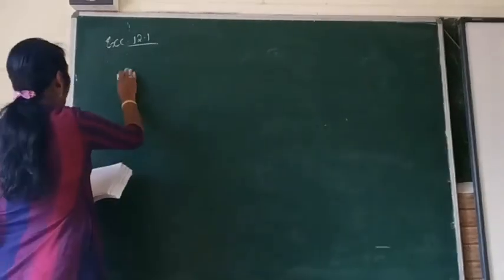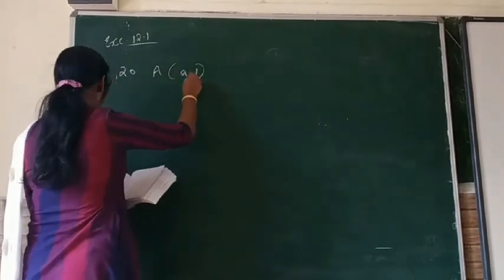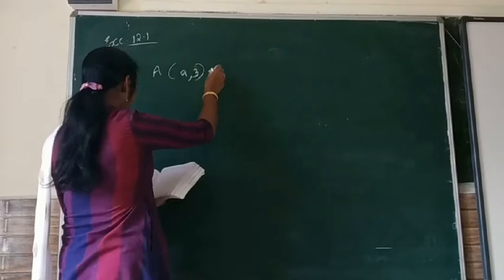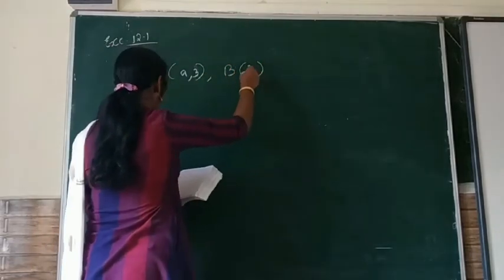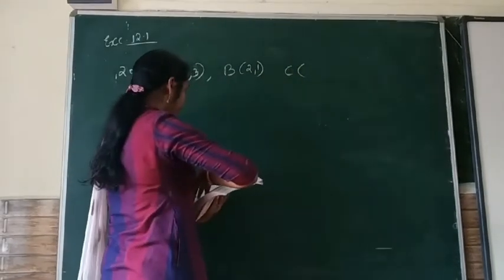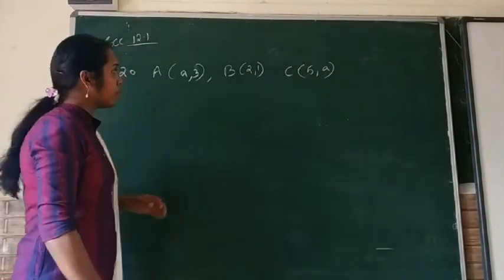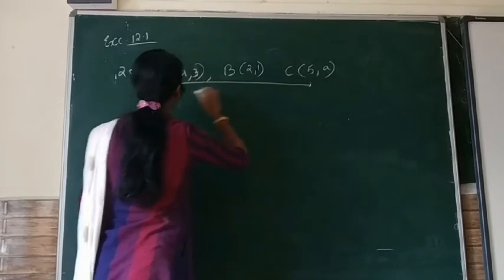Here we have the points A(a, 3), B(2, 1) and C(5, a). So these are the points.